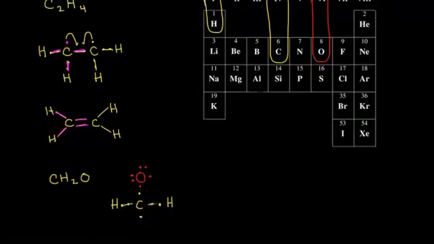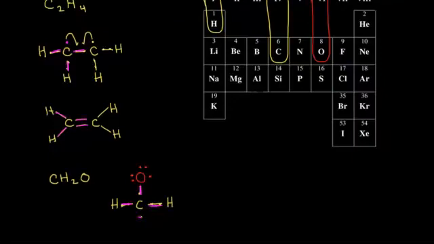I know there's a bond between carbon and hydrogen on the right. I know there's a bond between this carbon and oxygen. And unfortunately, I still don't have an octet of electrons around my carbon or around my oxygen. Right? So if I go ahead and highlight the electrons around carbon, once again, I have 2, 4, 6, and then 7. So I still don't have an octet of electrons around carbon.